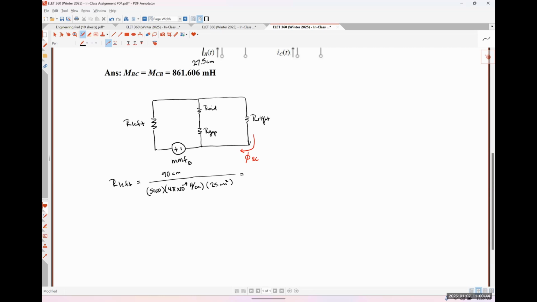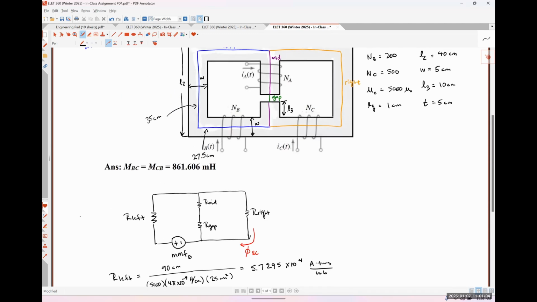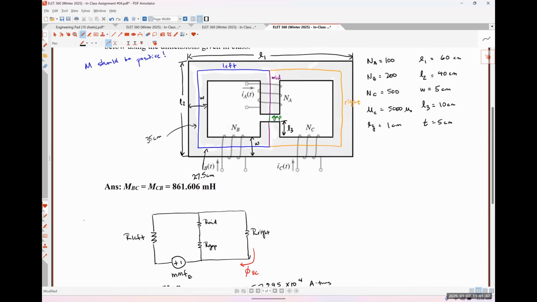And I got 5.7295 times 10 to the 4 amp turns per Weber. Now, it should be pretty easy to see just by direct observation that R right is the exact same thing.